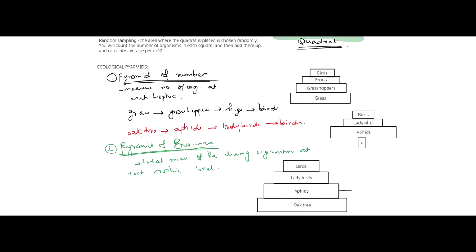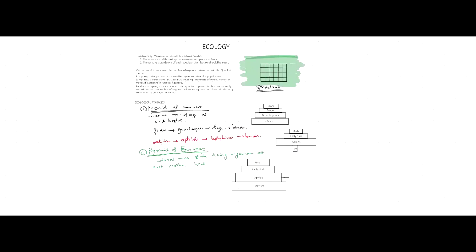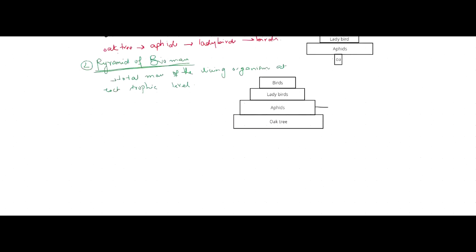But that's usually it. We do not have more than 5 trophic levels. Producer, first, second, third, fourth. So generally we only have up to 5 trophic levels. Why is that? The reason for that is because of energy transfer.